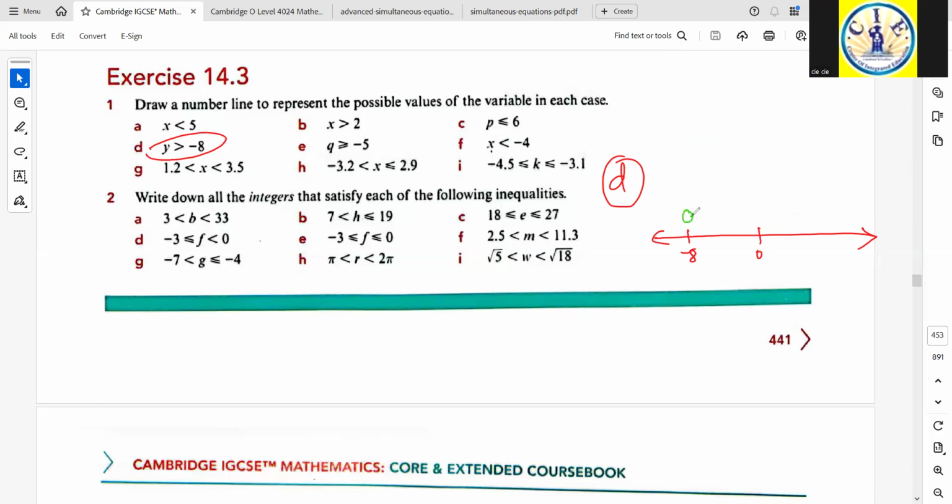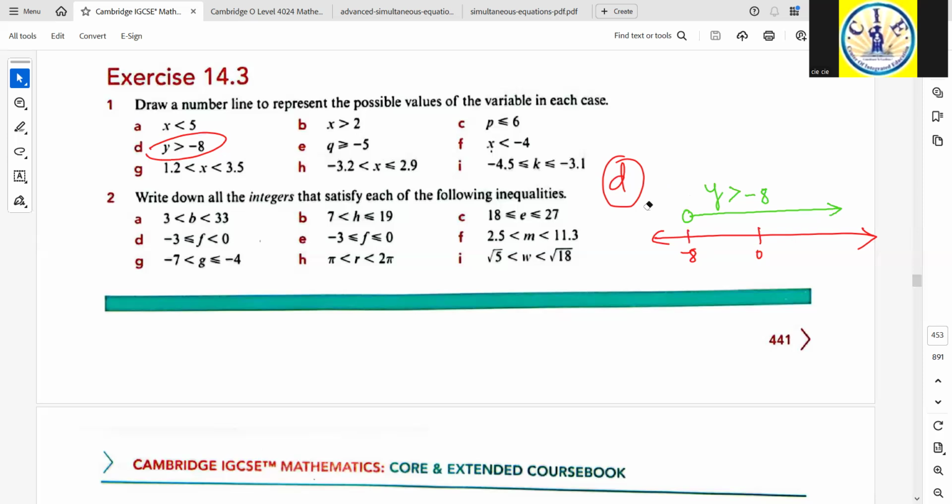This represents values of the variable y which are greater than negative 8. So this point is not included over there, and that's why we have made it hollow. Okay. So this is what you need to take care of.